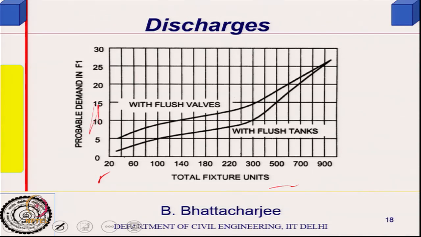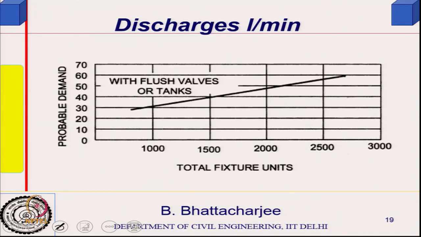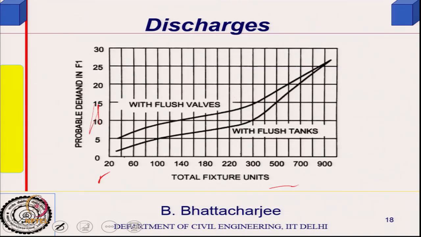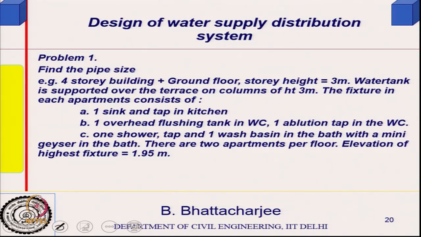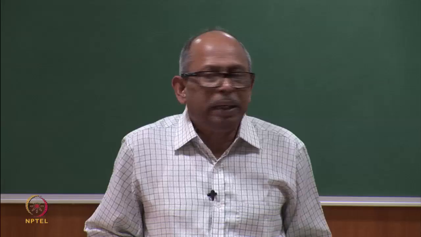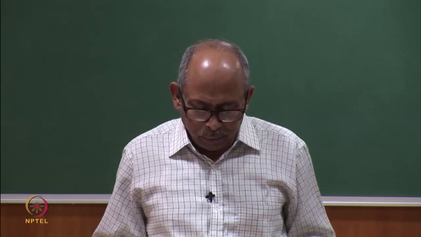So, probable demand is given, and in fact when total fixture units are a large number, both situations coincide, and probable demands are given. I am just showing the curve, you can refer to it if you like, or you can calculate from a table as well. There is a table also.